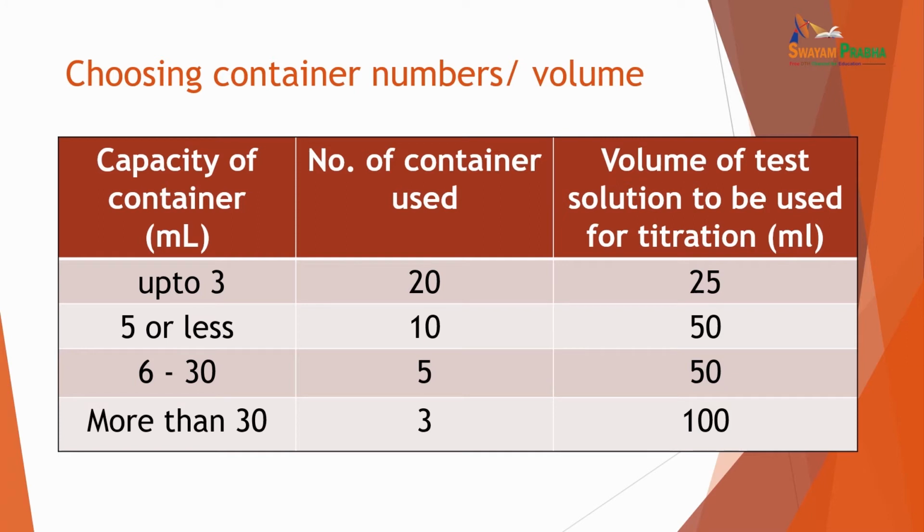If the capacity is 6 to 30 ml, then 5 containers will be used, and the volume of test solution will be 50 ml. For more than 30 ml capacity, we are going to use 3 containers, and the volume of test solution will be 100 ml, which will be used for the titration.